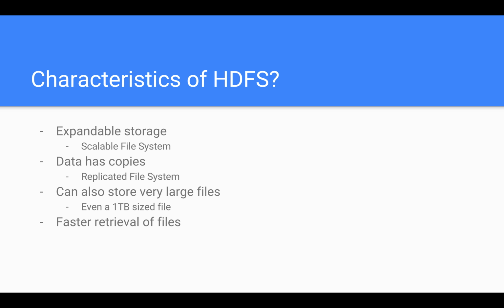HDFS also supports faster retrieval of files. It does this by having the ability to use multiple machines to serve the file that you are trying to retrieve. And it is also optimized at multiple layers, from the code layer to the operating system level, to be able to serve each part of the file very, very fast.